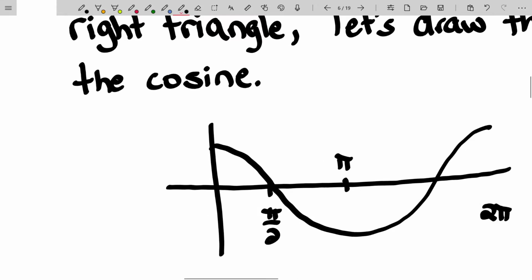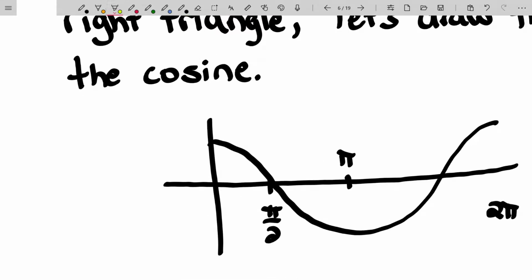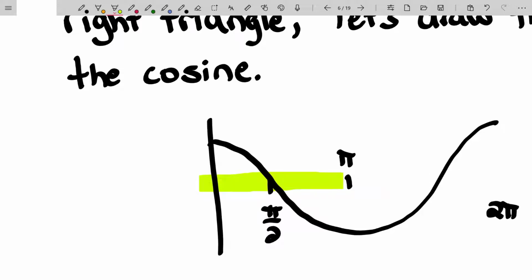Well, if you take a look at all the angles between 0 and pi, which is exactly what the cosine inverse will return, angles between 0 and pi. Anyhow, I'll fix that, and then I'll draw in my x-axis.